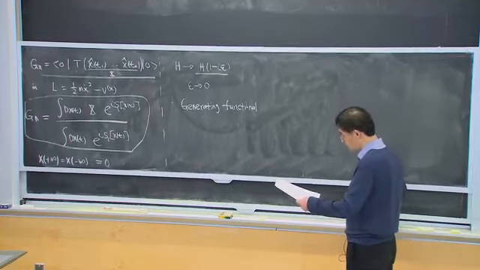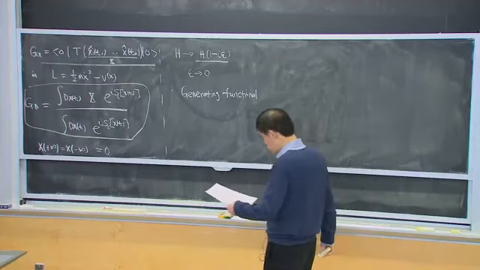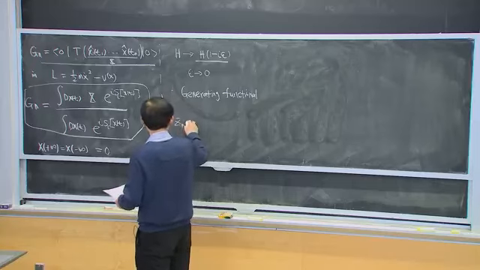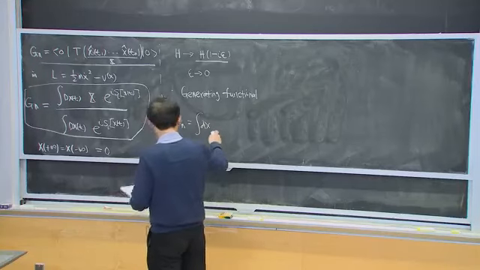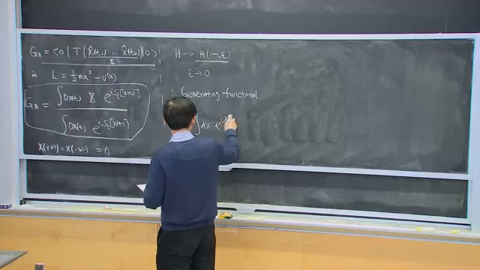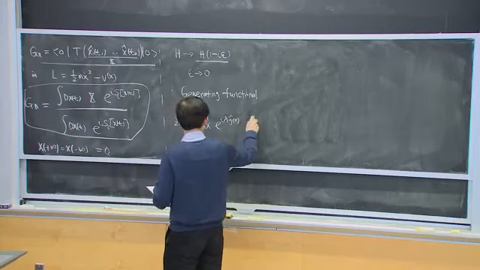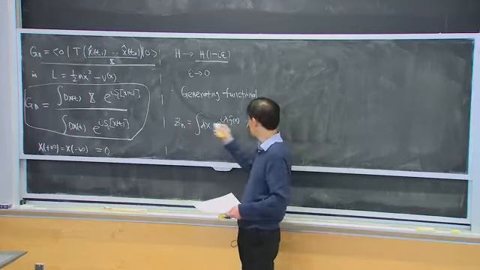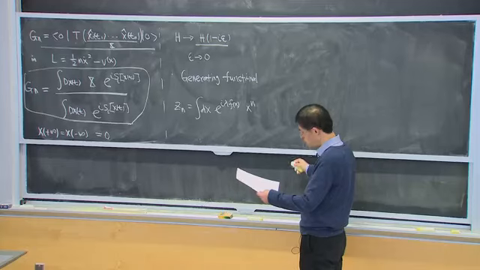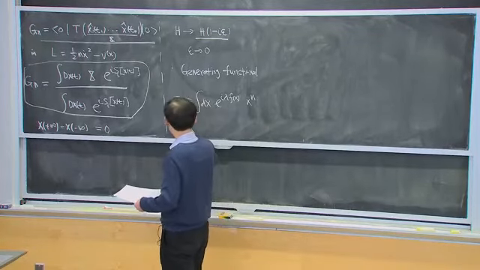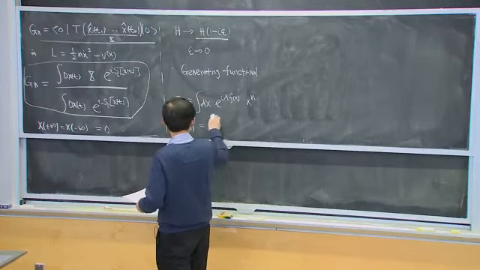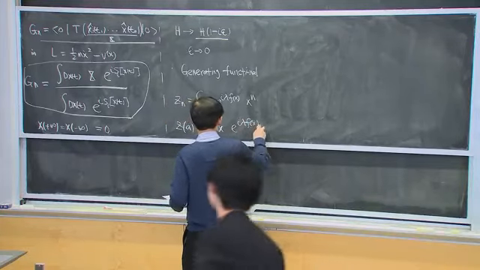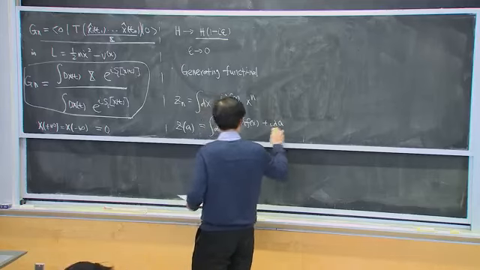The basic idea of the generating functional can be easily understood by considering just this one-dimensional example. Say if you are interested in doing an integral like this, x^n, for different values of integer n, then it's more convenient to consider such an integral, Z(a), given by this.